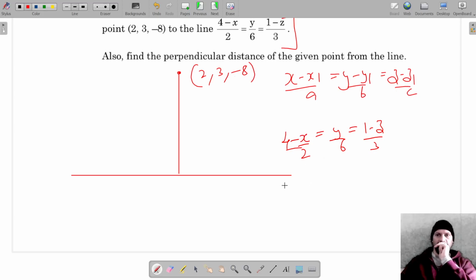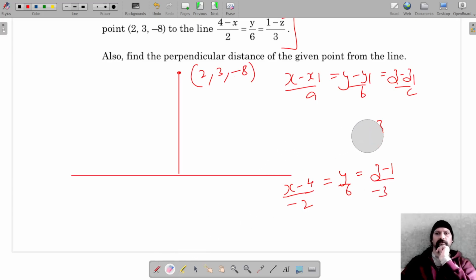So if we take the negative out here, this is (x minus 4) by -2, equal to y by 6, equal to (z minus 1) by -3. So now this is the standard equation of the line.